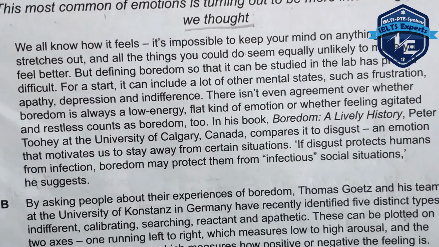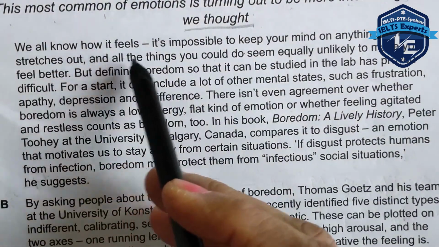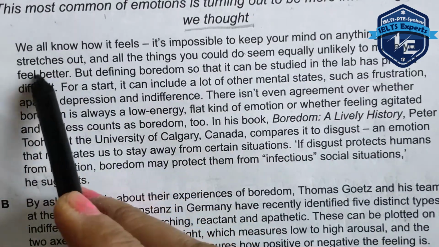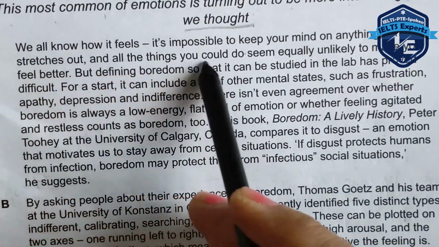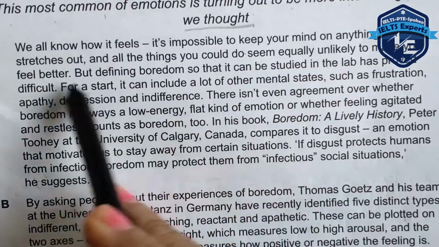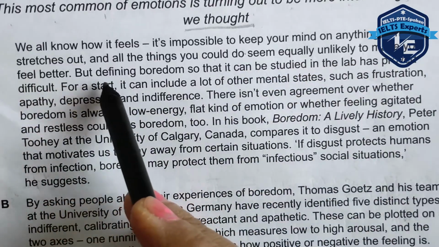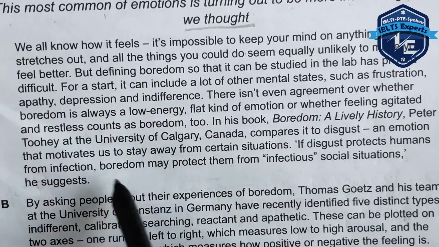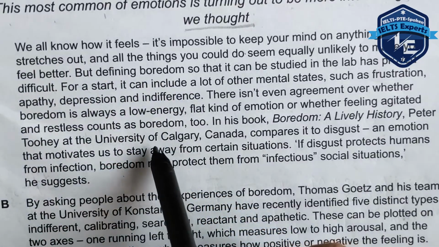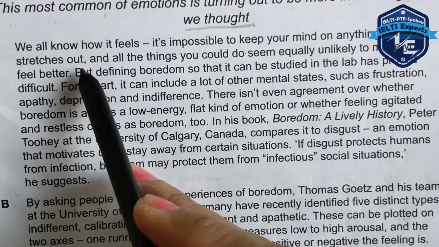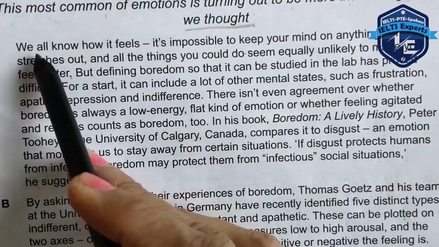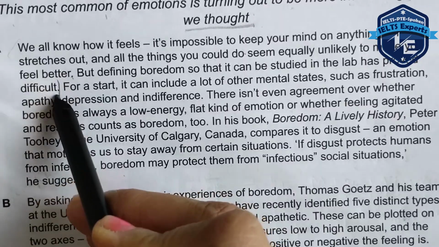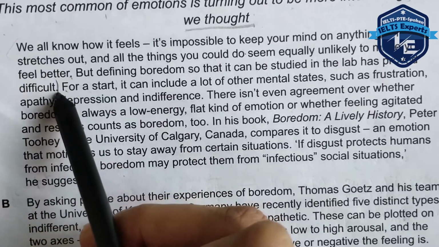We all know how it feels. It's impossible to keep your mind on anything. Time stretches out, and all the things you could do seem equally unlikely to make it feel better. Okay. You have to read the whole paragraph but very fast. If you are stuck only on the first sentence, a sentence means from here to where the full stop comes.